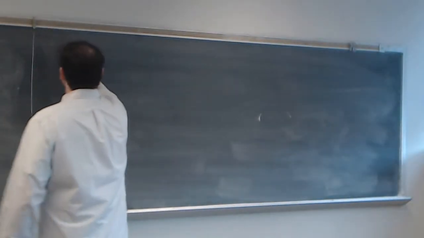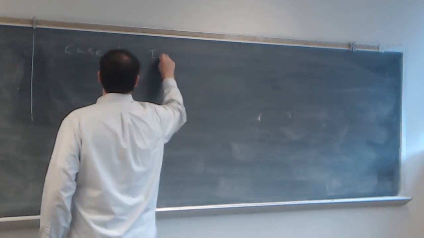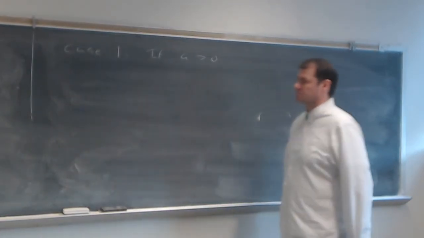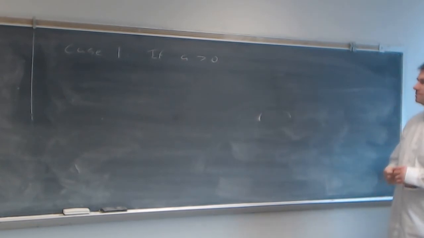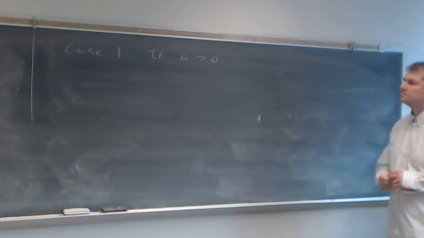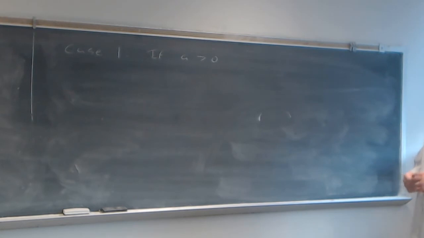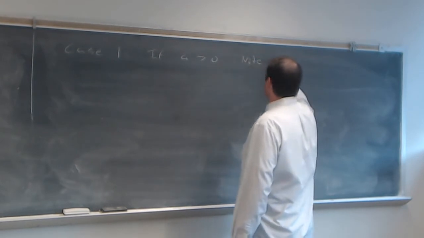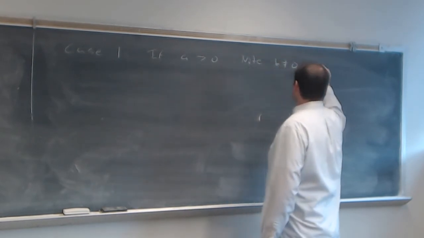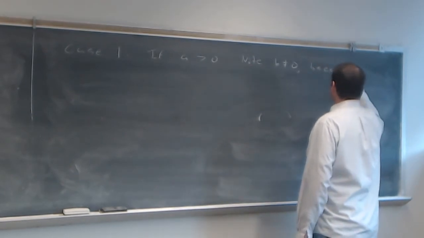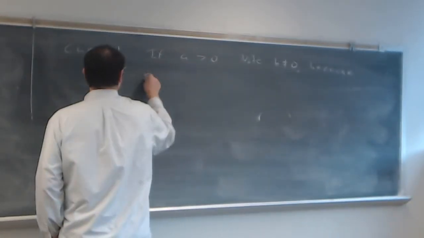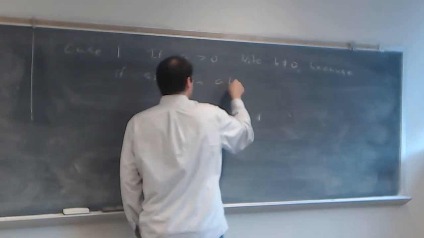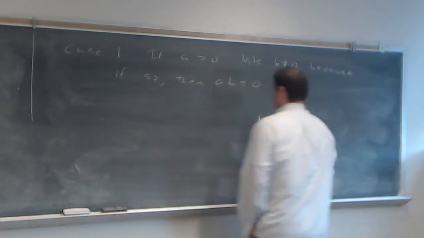Case one. If a is greater than 0. Okay, what are we trying to show? In this case, we'd like to show that b has to be greater than 0. That's what we've got to show. Now, note, b cannot be 0, because if so, then a times b would be equal to 0, because it'd be 0 times a, which is 0.